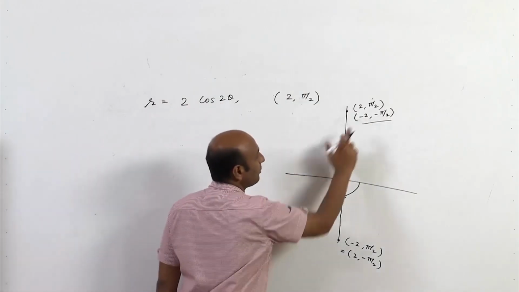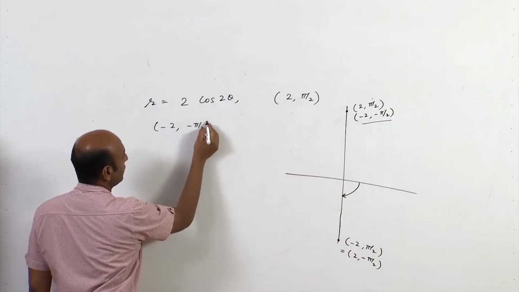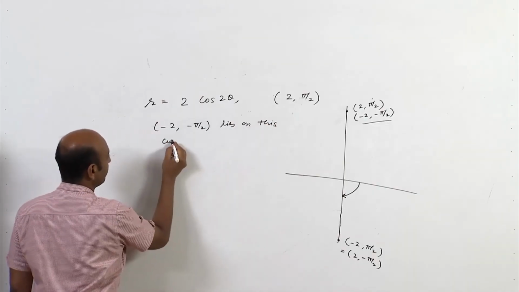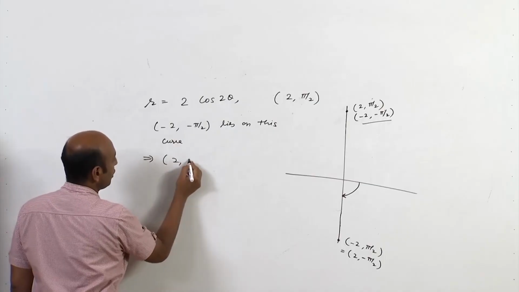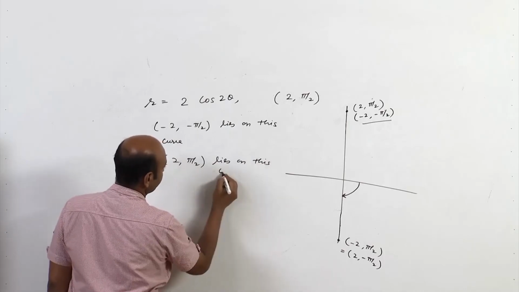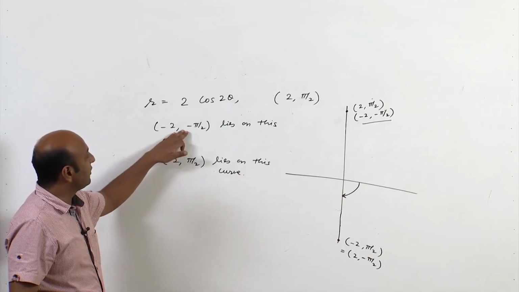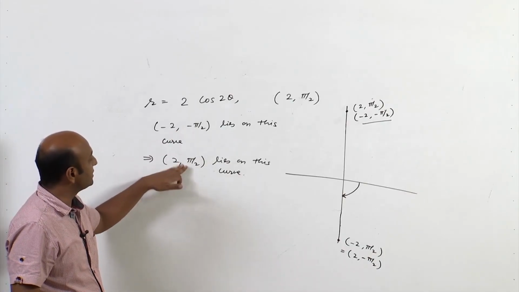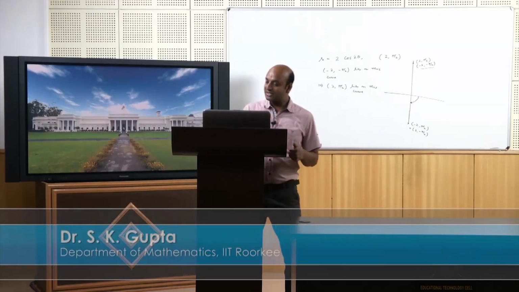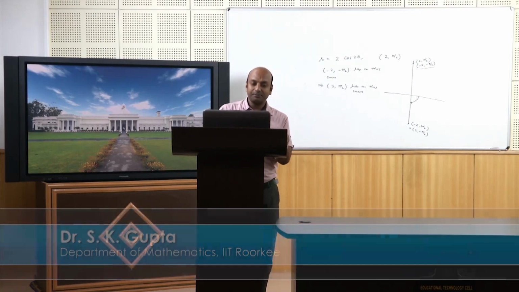Hence this point (minus 2, minus pi by 2) lies on this polar curve, and this implies (2, pi by 2) lies on this curve, because this is one of the representations of this point. Okay. So hence we can say that this point lies on this curve. So that is all about polar curves. So thank you.